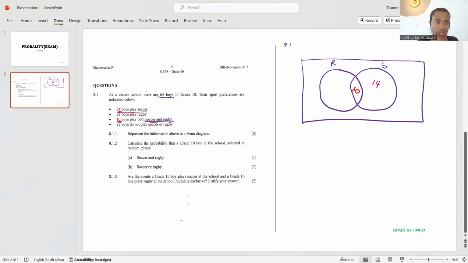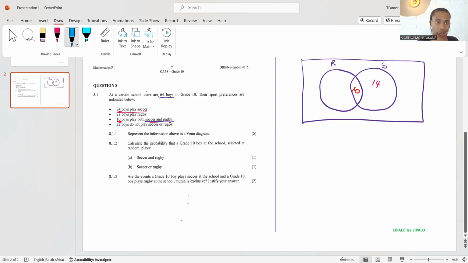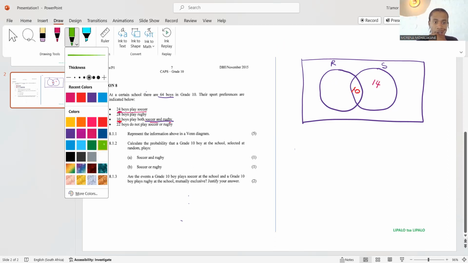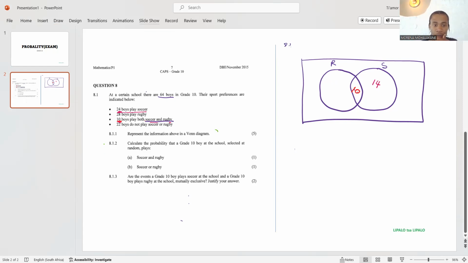And then I get to the ones that play rugby. So it's 28. 28 kids play rugby. So with the 28, I already have the 10. So I'm short with 18. So in total, if I extract this thing here, this is my arc.